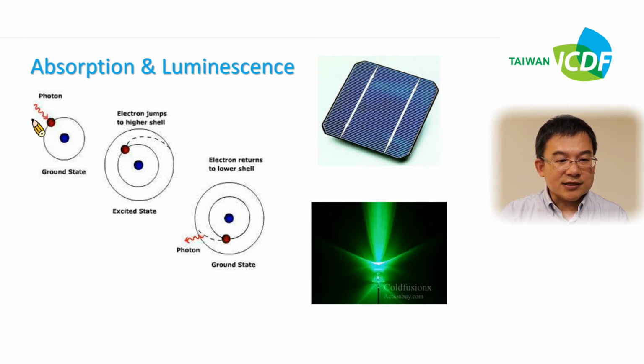We use the name photon; it's the particle wave of the light. If the photon energy is equal to the energy difference between the ground state and the excited state, the light will be absorbed by this electron. Then the electron will be excited to the excited state, which is a higher energy state.